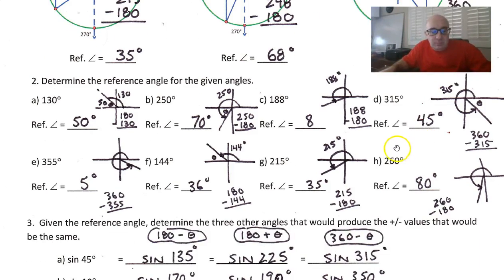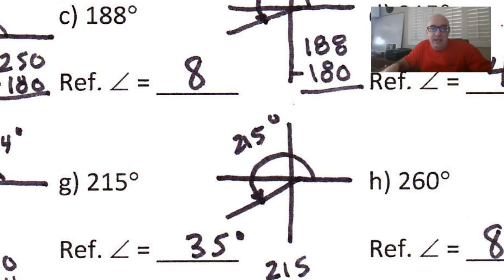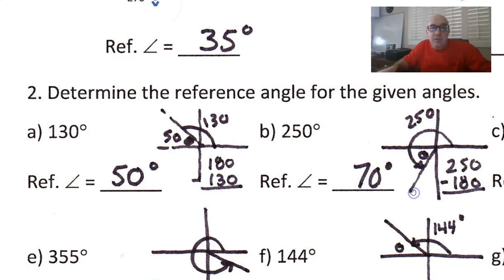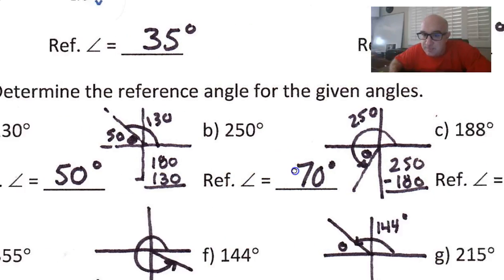All right. The next one is the same idea, but you have to do a little visualizing. And so let's do that. Here at 130, we're in quadrant 2. We would have gone past the 90 mark, and so 50 would be the reference angle for such an angle.